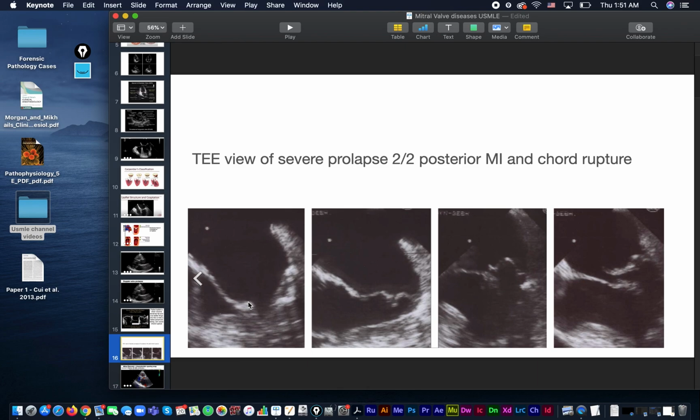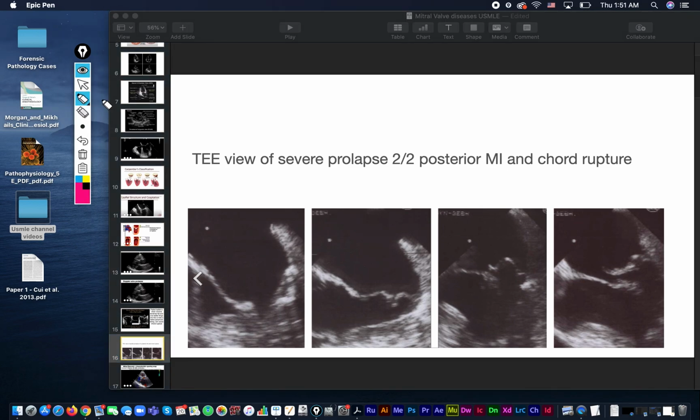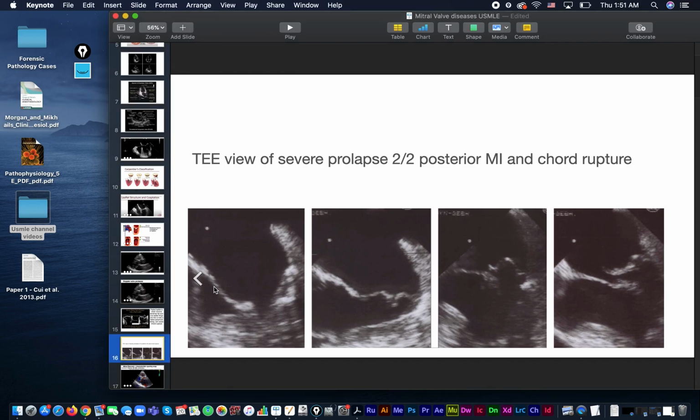So we are in diastole, and the way you can tell it's so severe is because this mitral valve leaflet is literally touching the bottom wall where the papillary muscle is.